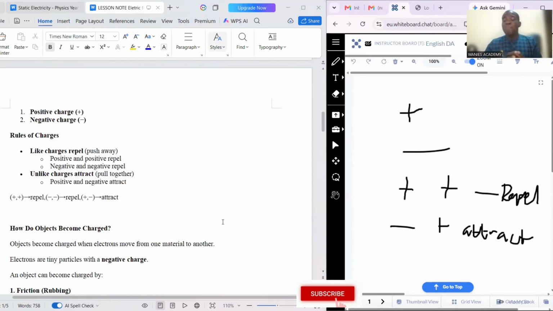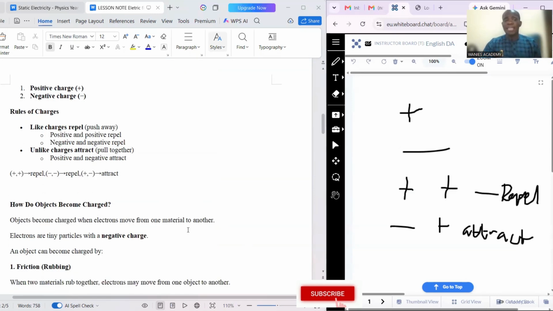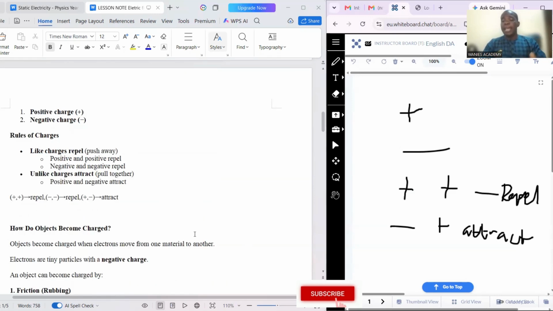When electrons are moved, then an object can become charged. We are going to look at the various ways in which electrons can be removed and added in our next lesson.